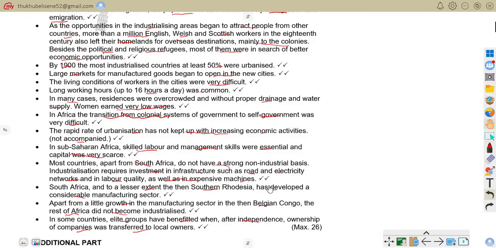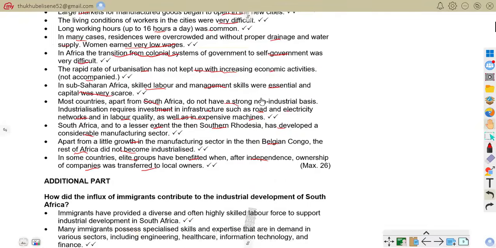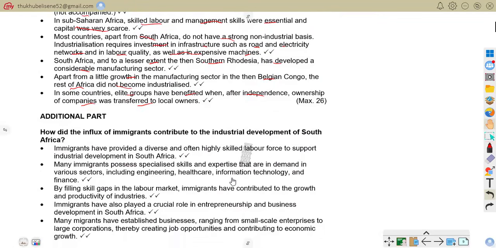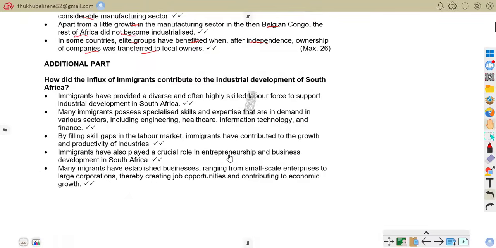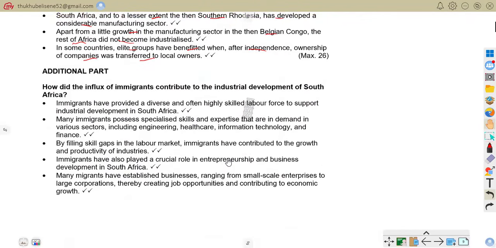So now let us come to the additional part: how the influx of immigrants contributed to the industrial development of South Africa.